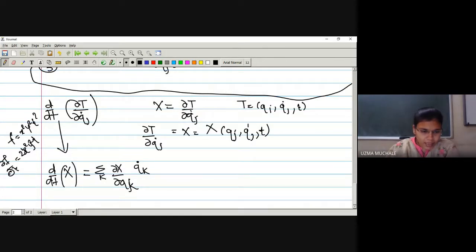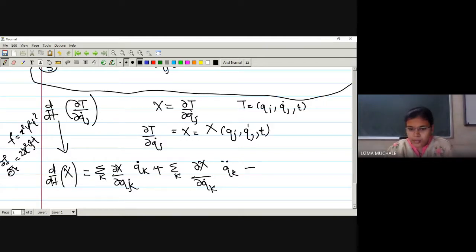As x is a function of qj dot and t, plus the next term is summation over k, derivative of x with respect to qk dot and qk dot with respect to t, that will be qk double dot, plus the last term, dou x by dou t.